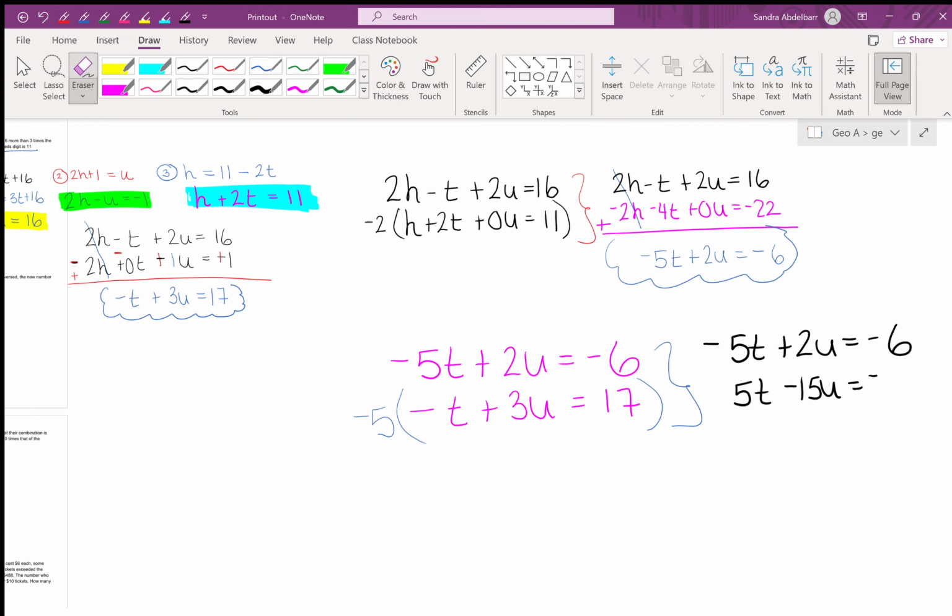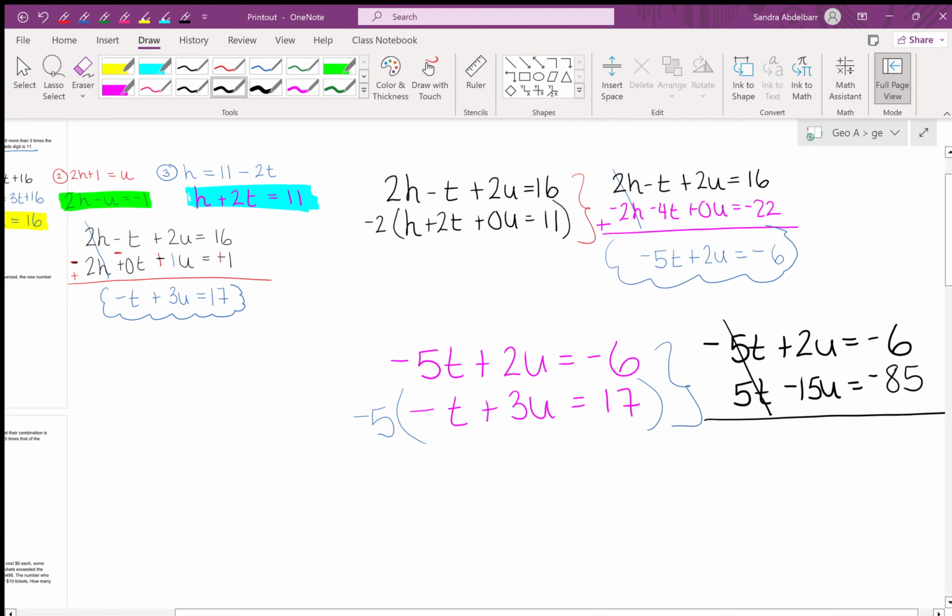Does that sound right to you? Okay. The t's cancel. So now we get negative 13u equals negative 91. So u will equal 7.